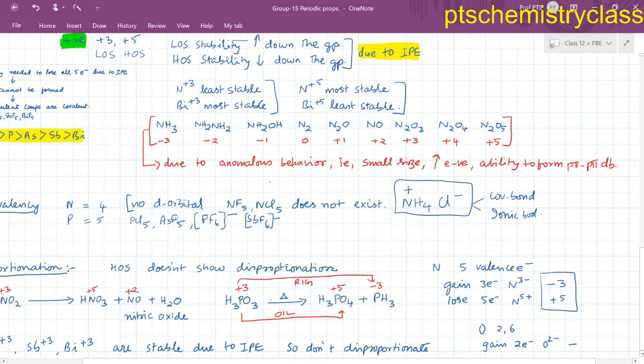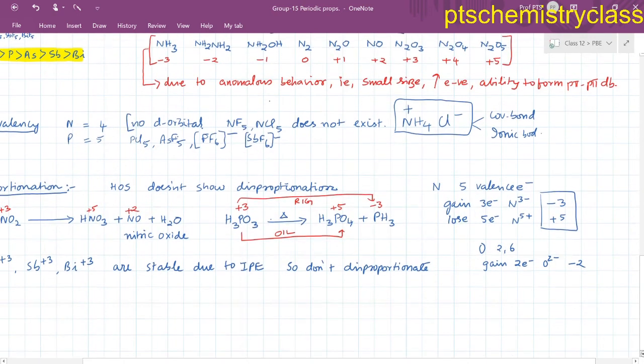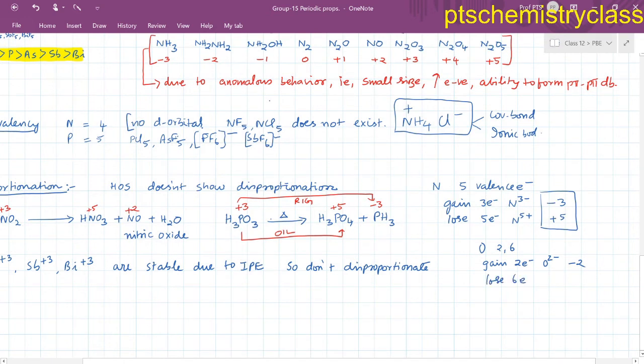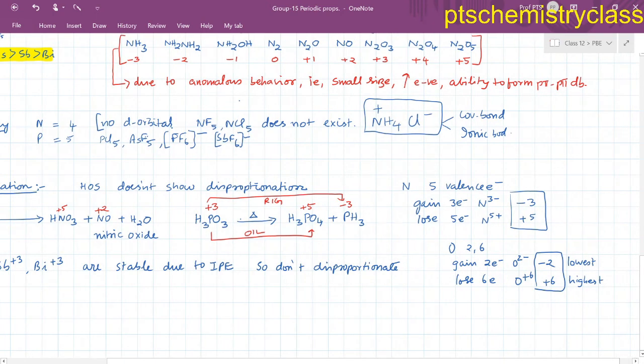Therefore, the lowest oxidation state will be -2, and it can lose 6 electrons, so it can attain +6. This is lowest and this is highest. So this applies for any element in the periodic table. That is the lowest oxidation state and the highest oxidation state.